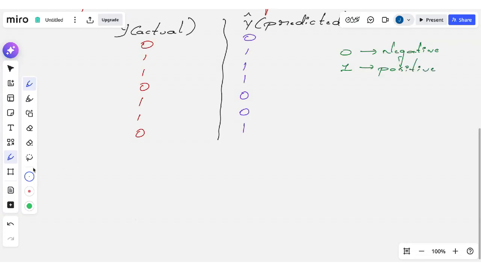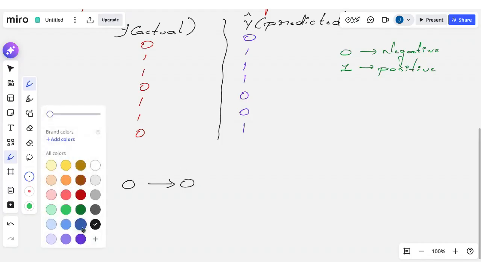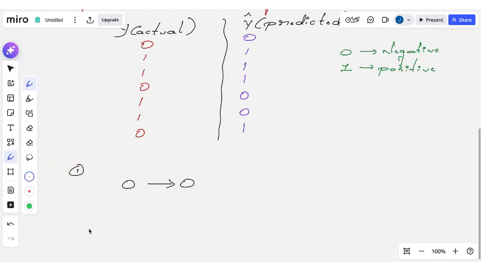Okay. So now, if predictions are the first case, if actual values are 0 and your predicted value is also 0, is it a correct prediction? Your predictions are correct? Actual is also 0, predicted is also 0. I can call it true.